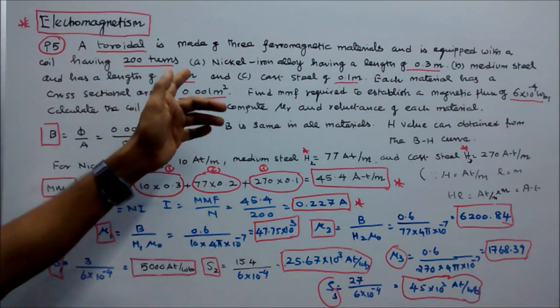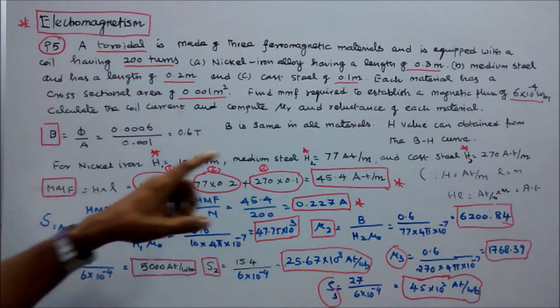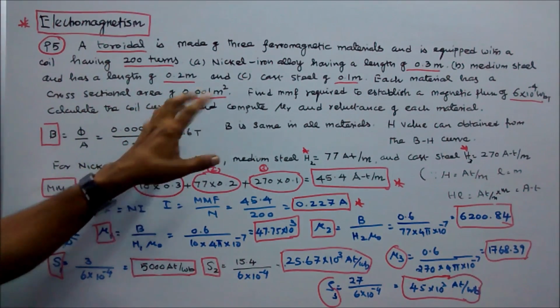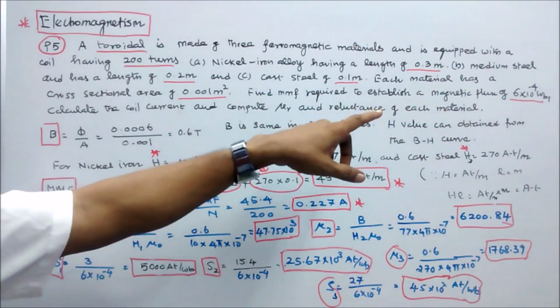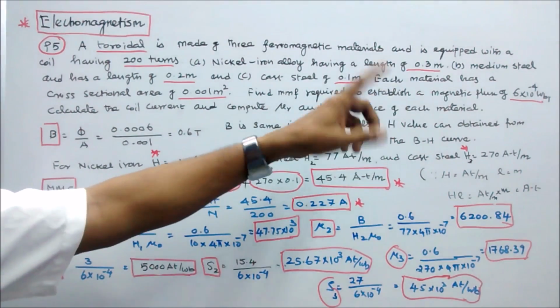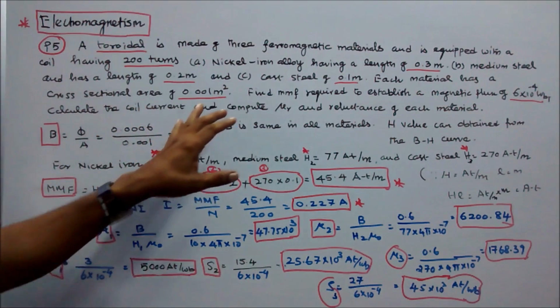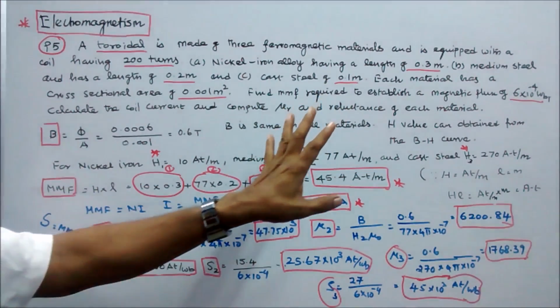And material 3 is cast steel of 0.1 meters. Each material has a cross-sectional area of 0.001 meter square. Find the MMF required to establish a magnetic flux of 6 into 10 power minus 4 Webers. Calculate the coil current and compute relative permeability mu r and the reluctance of each material.